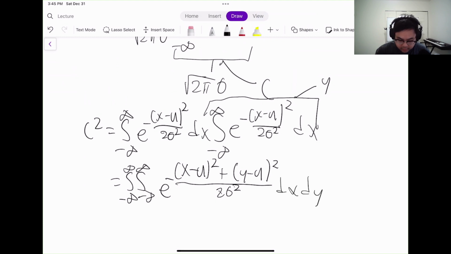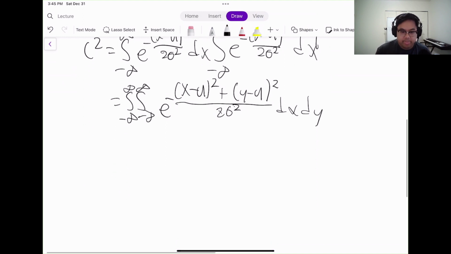What I just did is combine the two, and you can add these functions. I added the x minus mu squared plus the y minus mu squared, because when we're multiplying exponents, you add them, right? So this is what we have now.